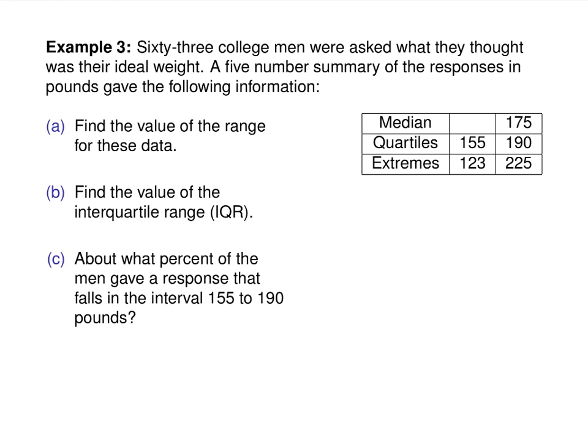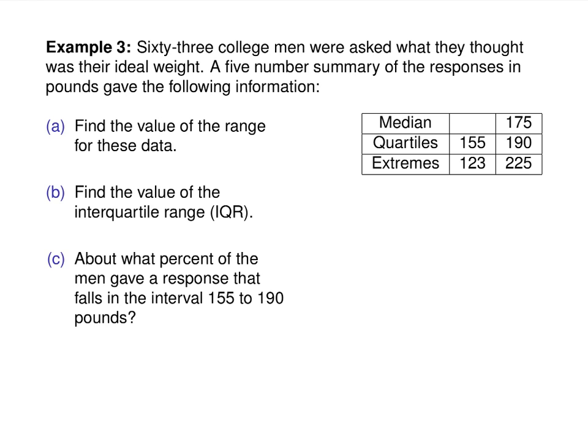All right. So 63 college men were asked what they thought was their ideal weight, and here is a 5-number summary of the responses in pounds. Find the value of the range for these data. Your book does this table in a similar way, but puts the median in the middle, and I couldn't make my program format that way.